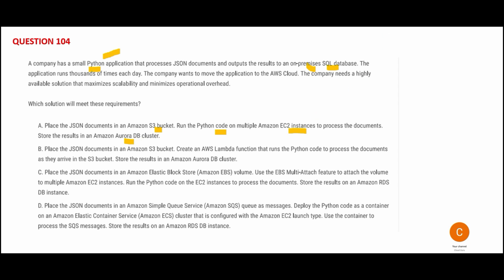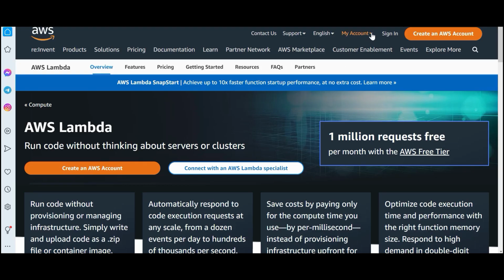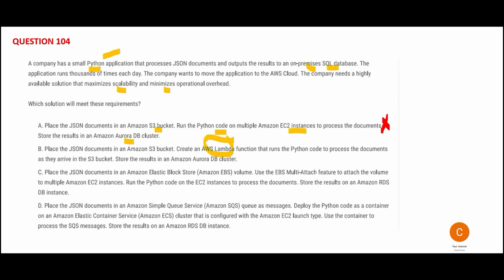So SQL database can work in Aurora, but you have to minimize the operational overhead and maximize the scalability. Plus, you need a highly available solution. So whenever you get a choice between a server-full application versus serverless, serverless will have the upper hand. That's how this is wrong.